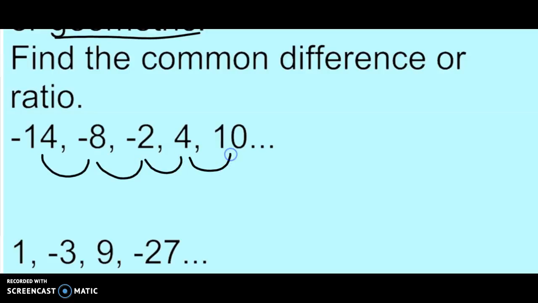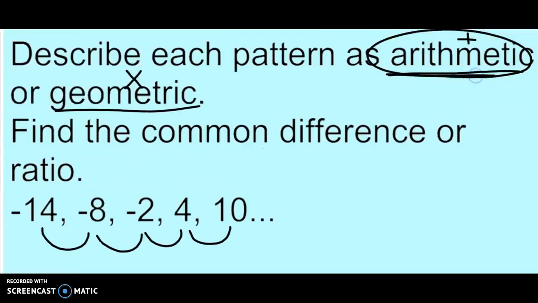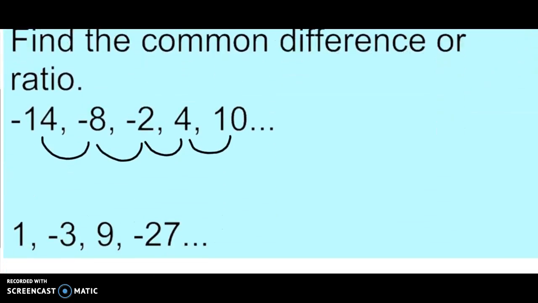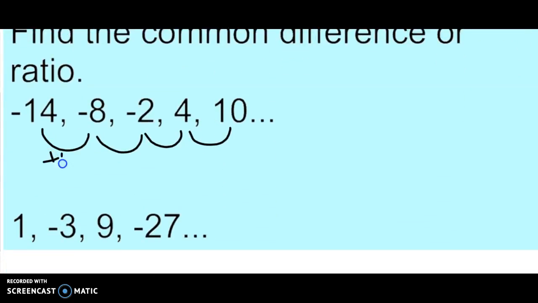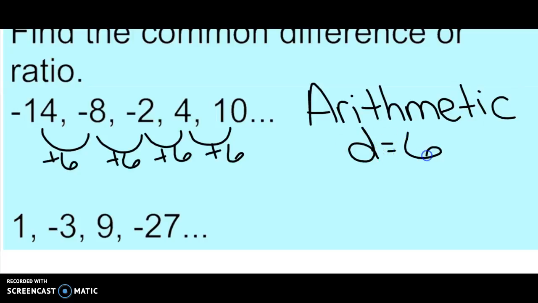I'm always going to assume first that it's arithmetic, so I'll just start adding. To get from negative 8 to negative 2, I'm adding 6. To get from negative 2 to 4 is another 6. Because they have the same exact difference, it is an arithmetic sequence, and the difference is 6.